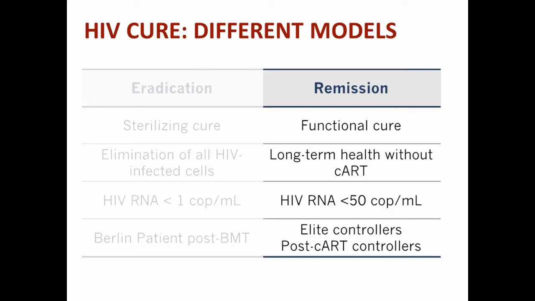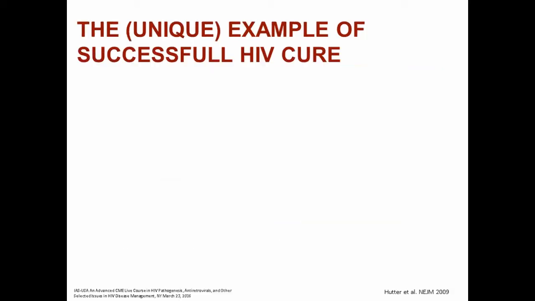There are patients who are able to do this, and these very lucky patients are defined as long-term non-progressors, elite controllers, and post-antiretroviral therapy controllers. These are patients able to control the virus after therapy, and they do not need therapy for long periods because their immune system is strong enough to control viremia and virus production.